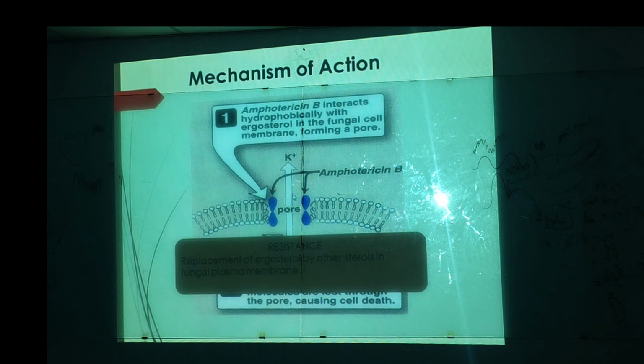Okay, resistance. The fungi have developed resistance to amphotericin B, and this is the mechanism: the fungi were able to replace the ergosterol with other sterols in the fungal plasma membrane. Always remember that the battle between medicine and microbes is just like this.